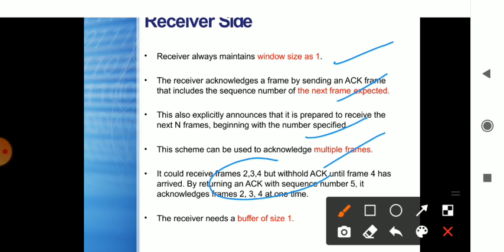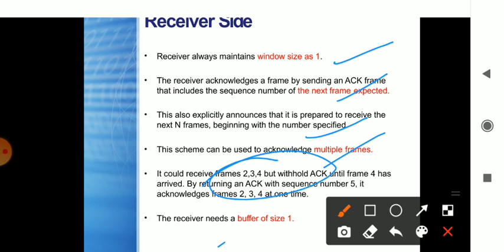So here, of all the frames which are being sent, it will receive 2, 3, 4. Only afterwards can it receive sequence number 5. After receiving 4, it can receive the sequence of 5.